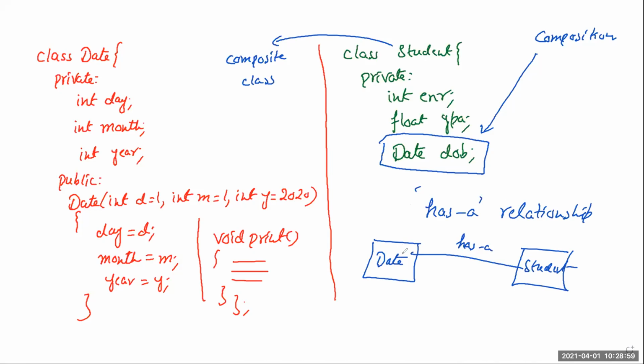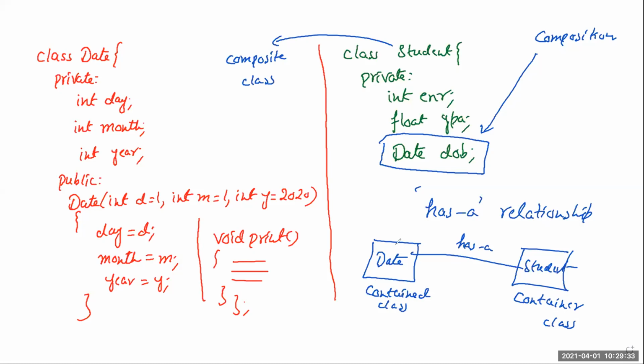There is a special notation for that, but I'll show you that in a while, not immediately. So I'm just connecting them by a straight line. So you see, student has a date of birth. This is one class, and this is another class, which is containing an object of the date class. So this student class is a composite class. It is also called a container class. Why container? Because it is containing date, and this date is called the contained class, right? So this is container, this is contained.